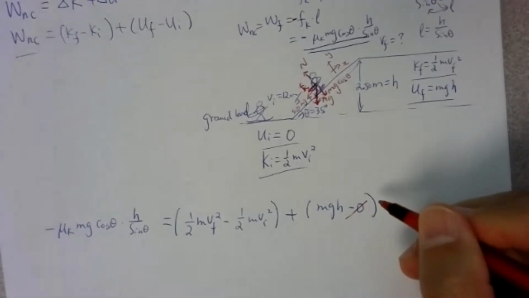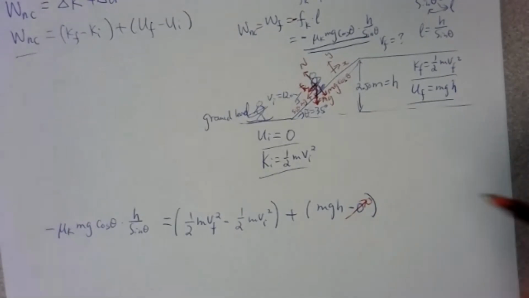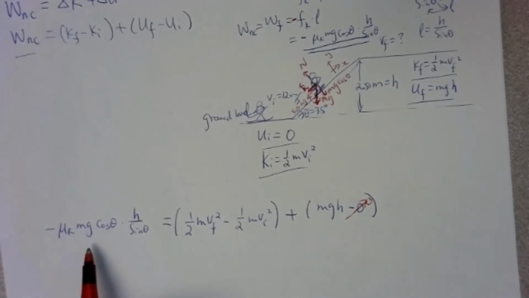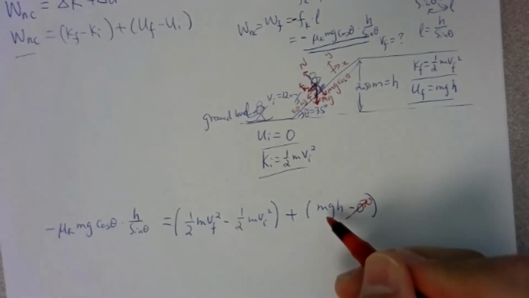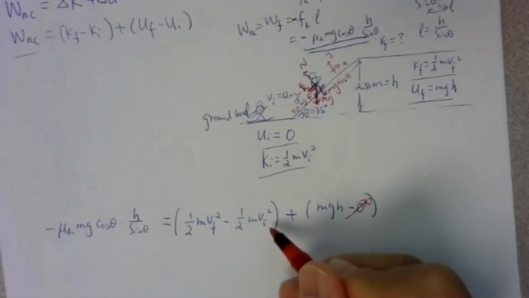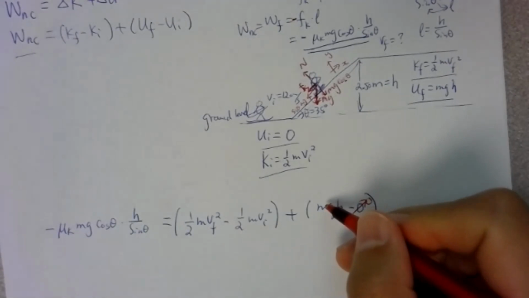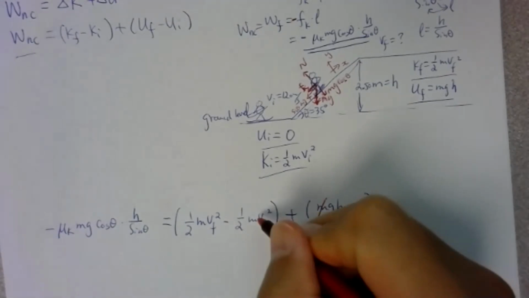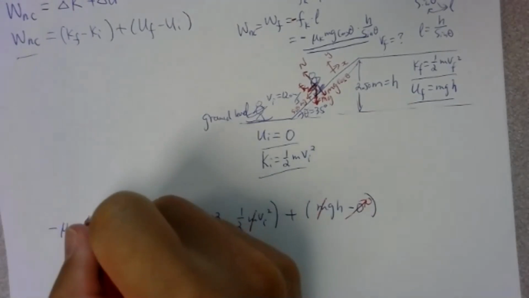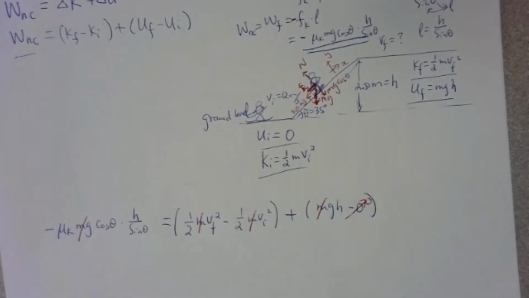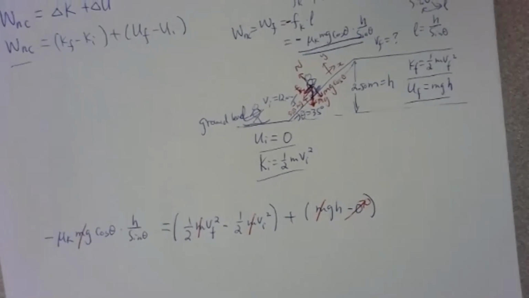For the 0, you can just ignore that because it's 0. Now you can take a look at all the items remaining here. You can see that there's m on each of these terms, so m can cancel out. So you actually don't need m, if you realize that.